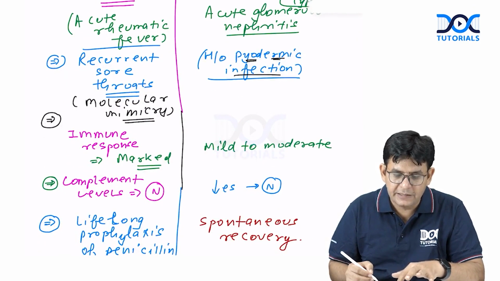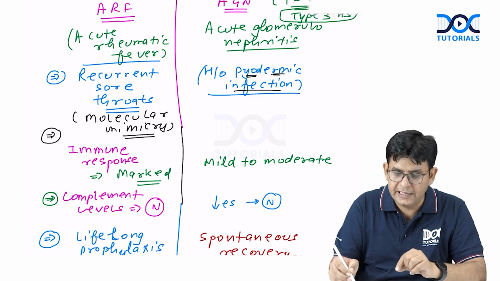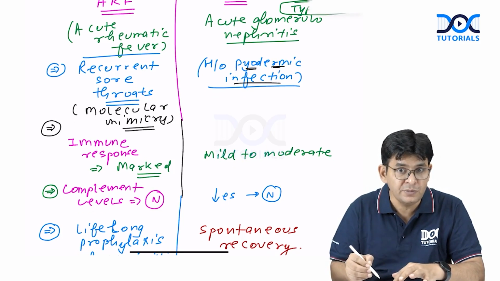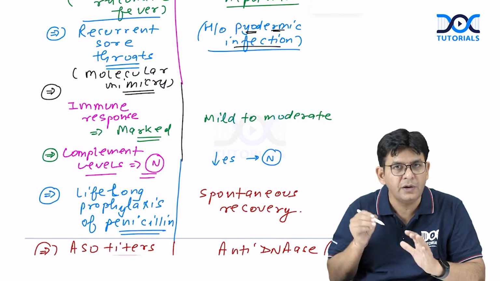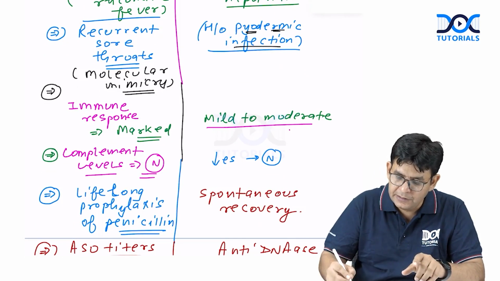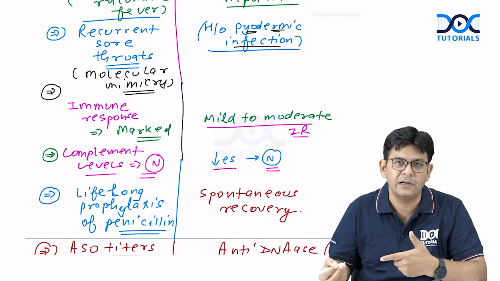So again, if we look at this table, there is a history of recurrent sore throats in the case of ARF, and in AGN, a history of pyodermic infections. The immune response is marked here, but the complement levels remain normal. Whereas in the case of GN, a mild to moderate immune response is there, but the complement decreases for some time, then comes back to normal.